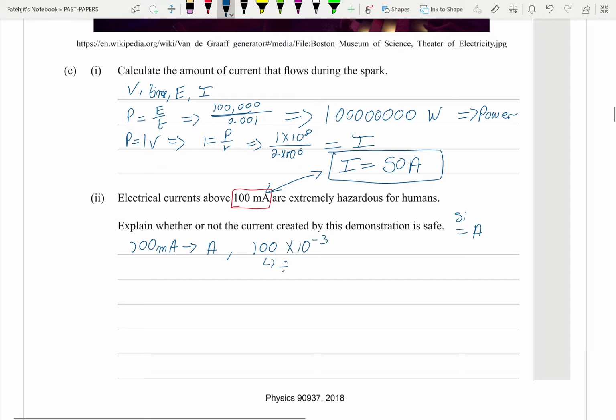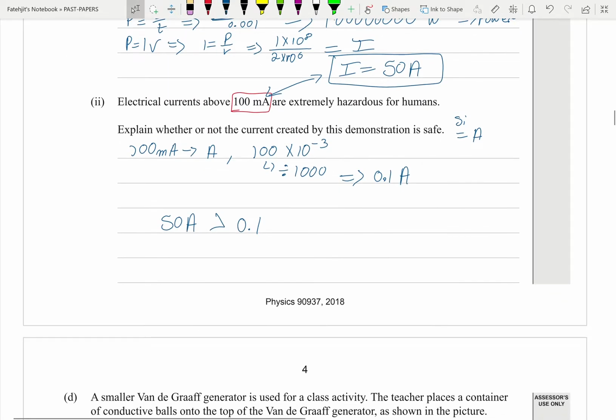Basically, we divide it by 1,000, which gives us 0.1 amp. The 50 amps we got is much higher than the 0.1 amps. So it is not safe for humans or anything really.